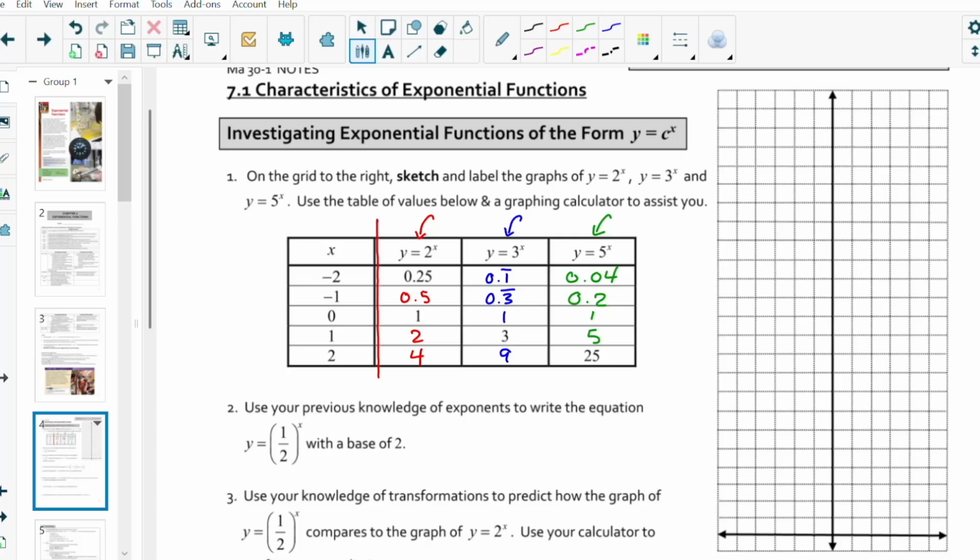Okay, -2 and 0.25. We got -1, 0.5, 0, 1, 1, 2, and 2, 4.